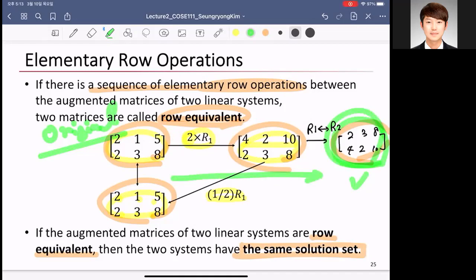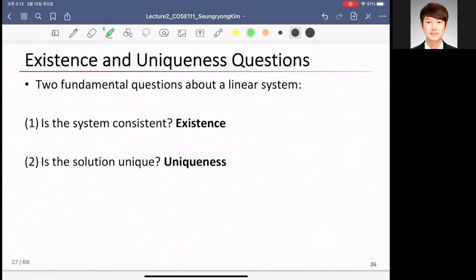Before that, I'd like to introduce 2 more concepts: existence and uniqueness. We already talked about this in the possible solution set. There are 2 fundamental questions about a linear system. Let's suppose that you have your own linear system. Two questions exist: Is your system consistent?